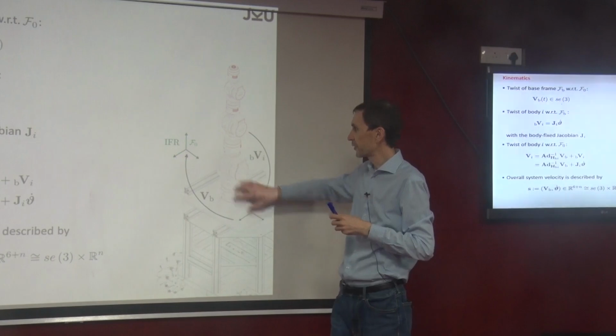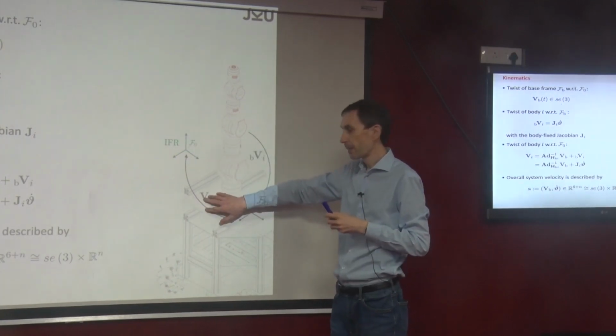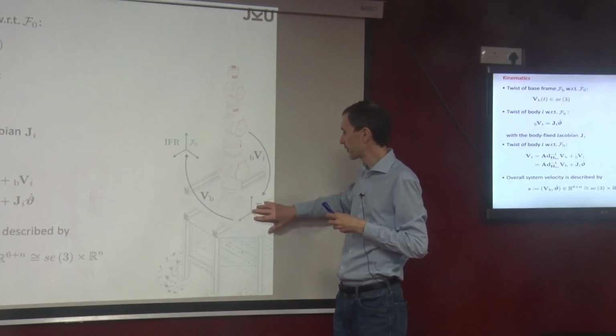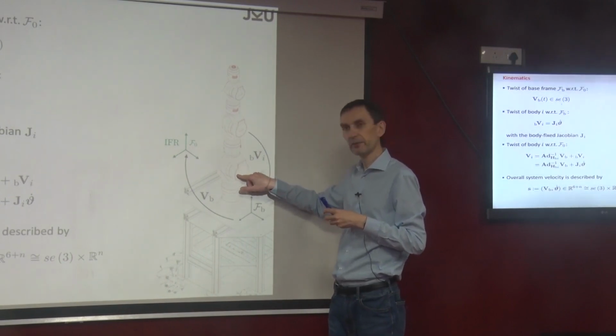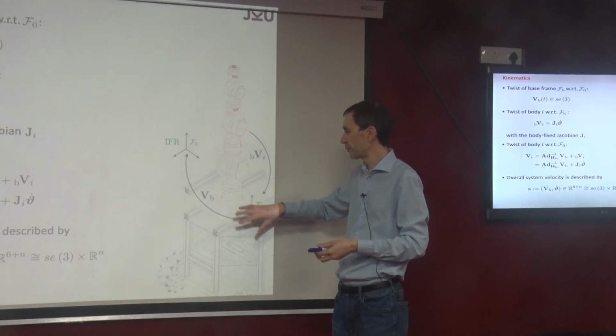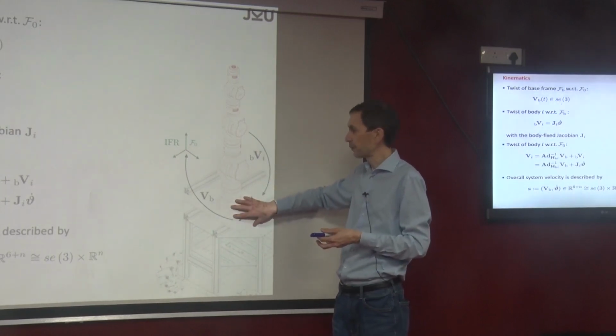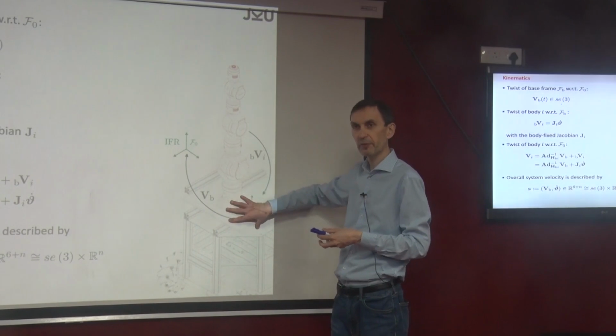The base velocity relative to the inertial frame is VB. Now I'm measuring this velocity at link number 1. So frame number 1 is now moving with a certain velocity because of the base motion, not because of the joint motion.